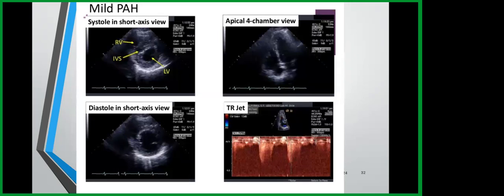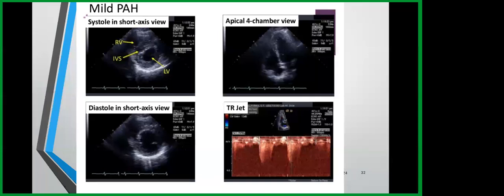Okay, so these echo pictures just attempt to show the progression of pulmonary hypertension from mild. In this one, if you see the short axis, the septum is not fully D-shaped, it's going towards D-shaped. The RV is becoming dilated, but it's not so dilated when you compare it to the LV.